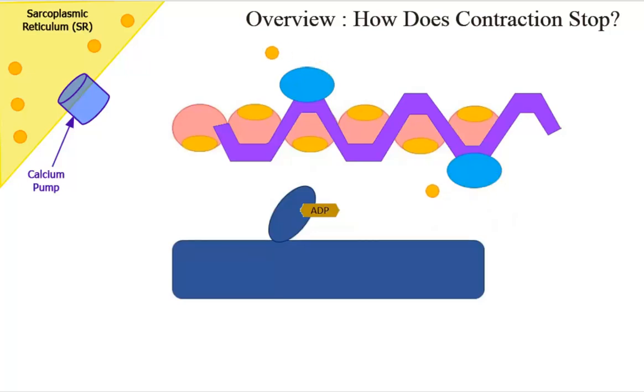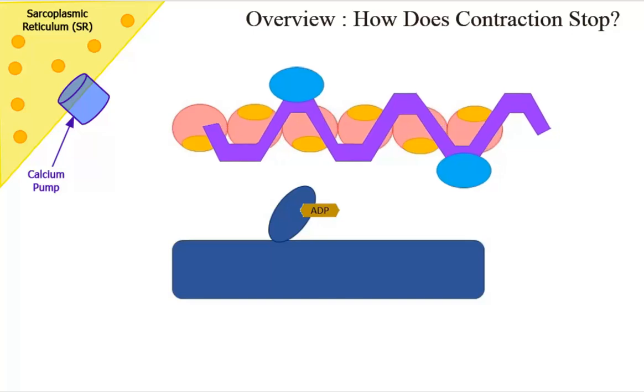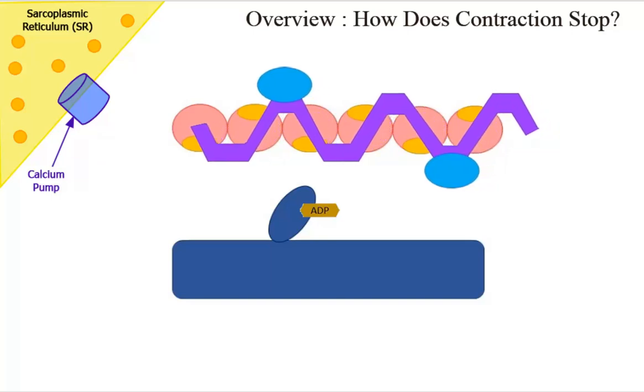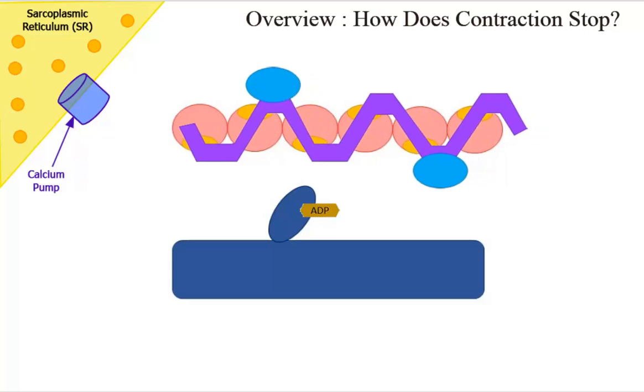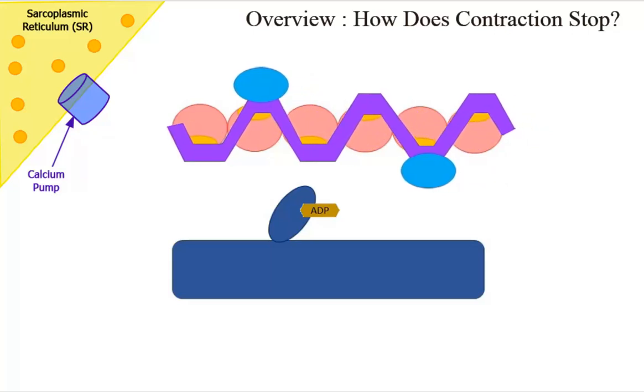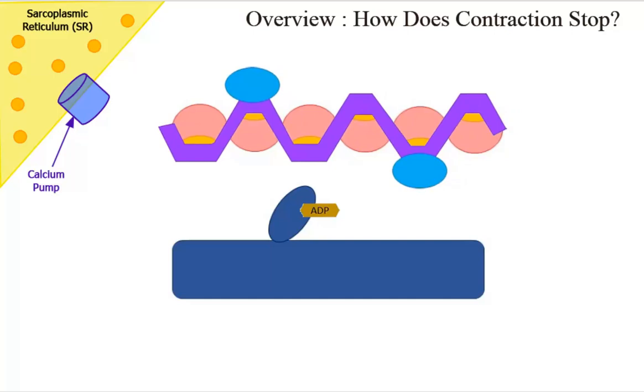Remember from our first PhysioEx that a pump is moving a solute from an area of low solute concentration to an area of high solute concentration. So the pumps are taking the calcium from the sarcoplasm and moving it back into the SR. So with the calcium no longer around to bind to the troponin, the tropomyosin will roll back over and cover the active sites on the actin.